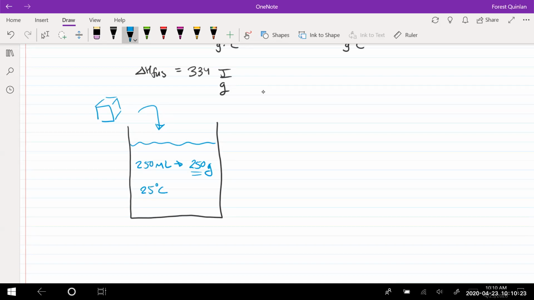Here I have now these 4 ice cubes, a total of 60 grams of ice, at negative 10 degrees Celsius. And those guys are going to go in. The question is, what is that final temperature?